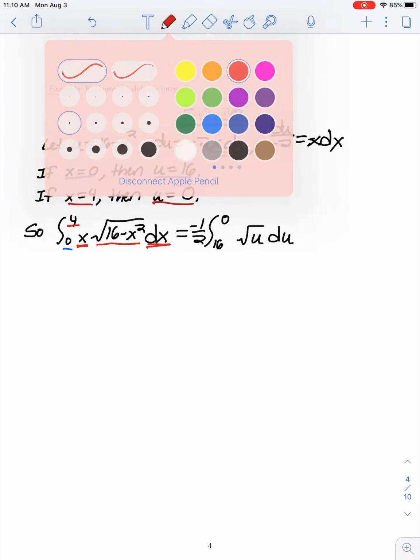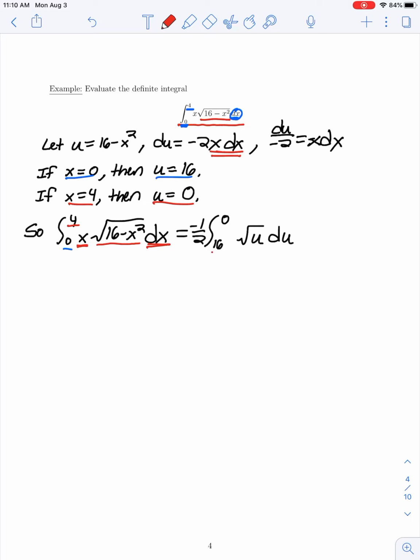Now, in this example, we see that after we rewrite our integral in terms of u, the upper limit of integration, 0, is less than the lower limit, 16. So we would probably want to reverse these limits of integration or interchange them.